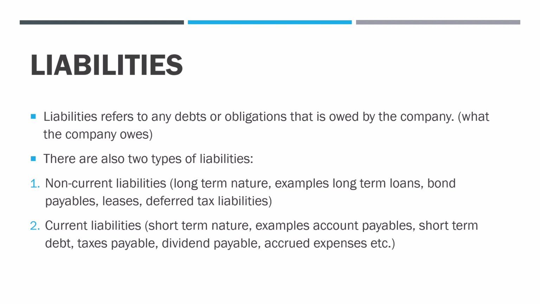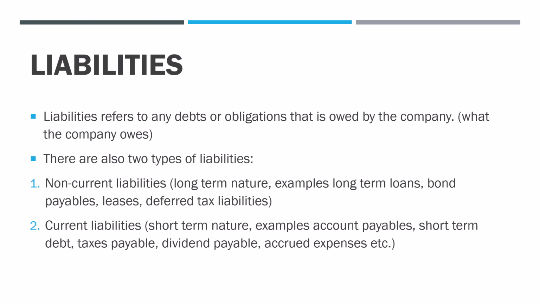And then you have current liabilities. These are debts or obligations that are short-term in nature. The company expects to pay these off very soon, usually within a year. For example, accounts payable. Accounts payable refers to the money the company owes to its suppliers.